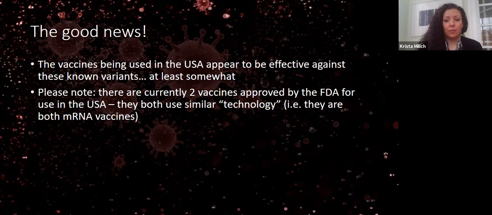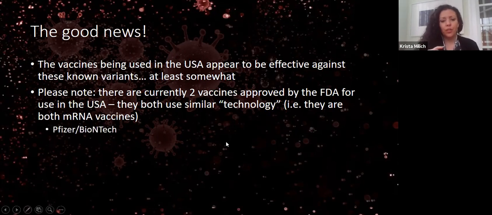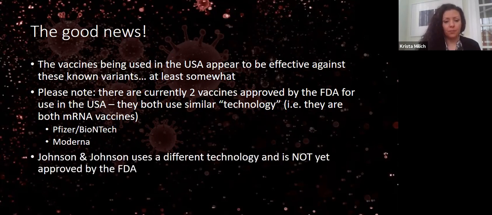They're extremely similar, so we can expect them to respond to different variants of concern in a similar way. The first was produced by Pfizer BioNTech, and the other by Moderna. I'm sure you've heard those names. These are the 2 vaccines available within the United States.